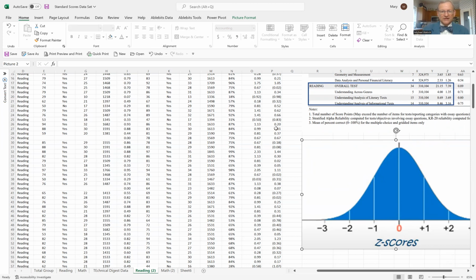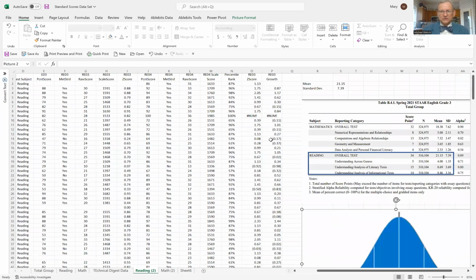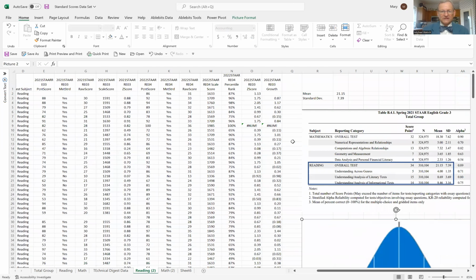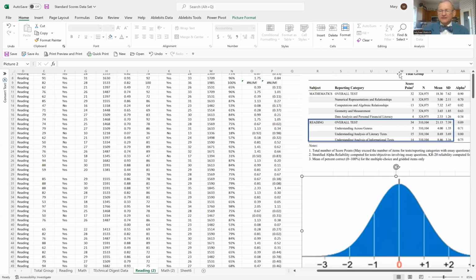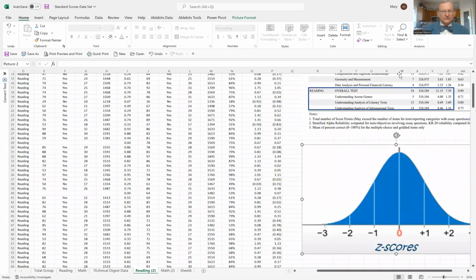And so that's how we were able to utilize the technical digest to get the information we needed to then calculate Z-scores and look at growth between our third graders in reading for 21 and 22. And how valuable Z-scores are.